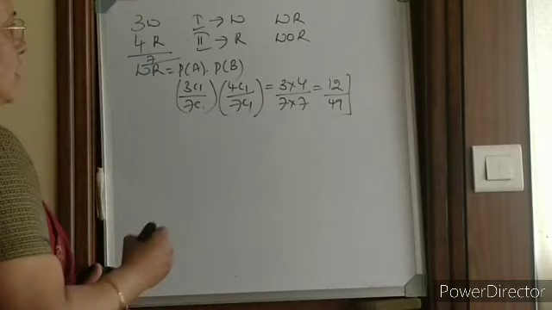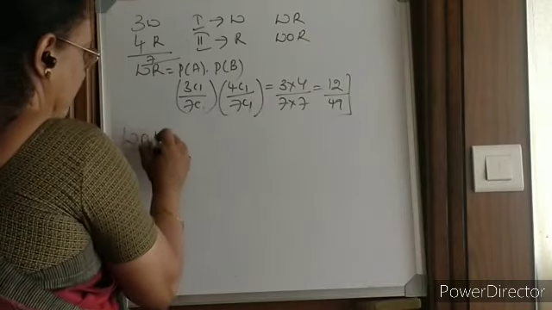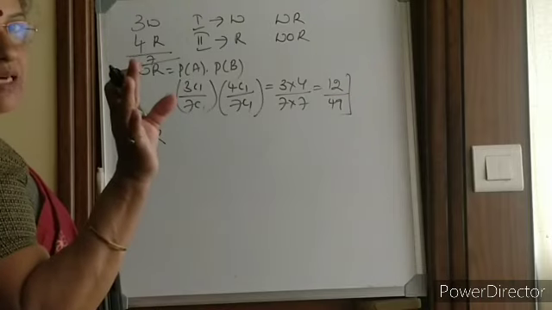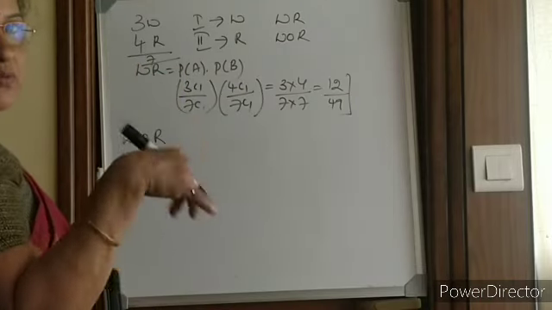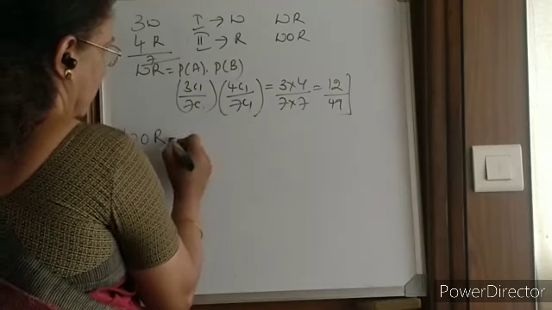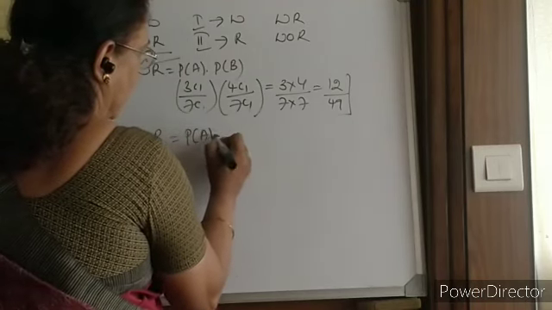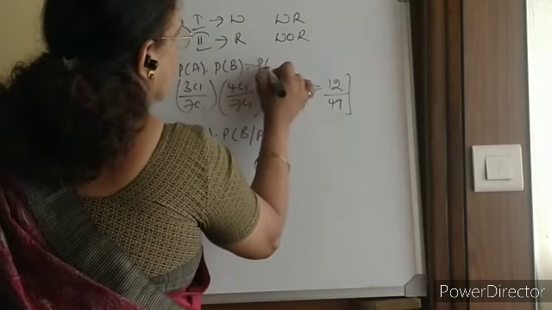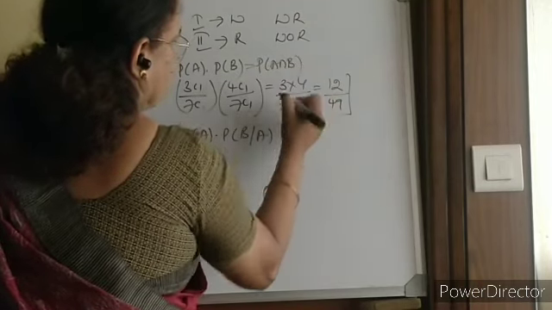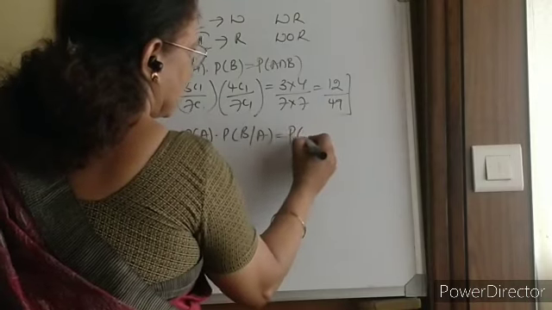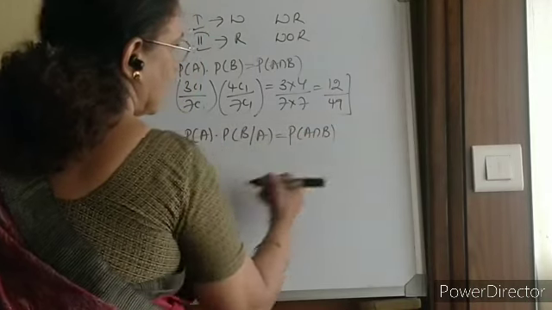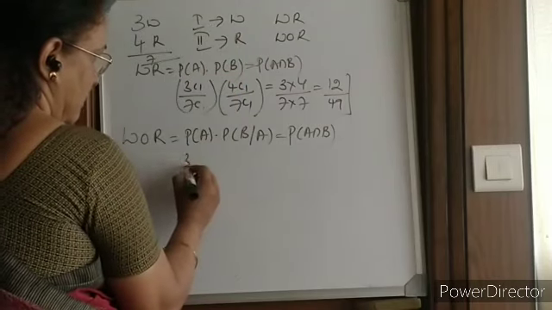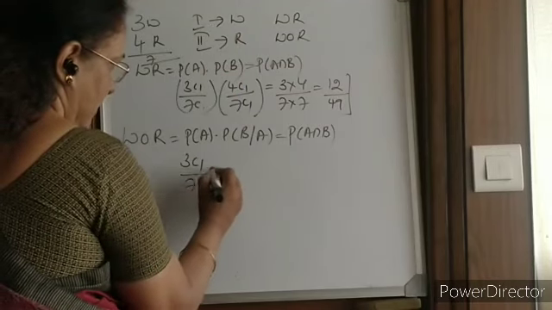Now coming to the second part, without replacement. You take the marble, whatever the color, but you keep it outside. Don't put it back. So this will become probability of A into probability of B given A. Now this way I have to write, so small adjustment. The first one is white color, so this remains the same, 3C1 by 7C1.